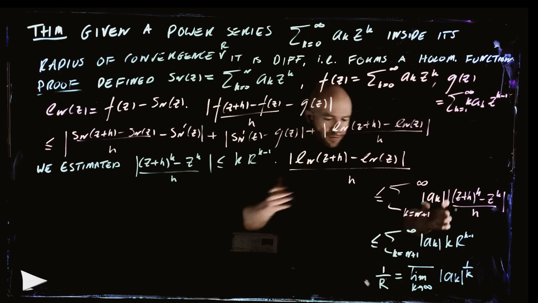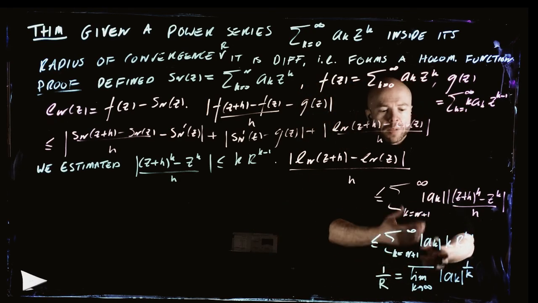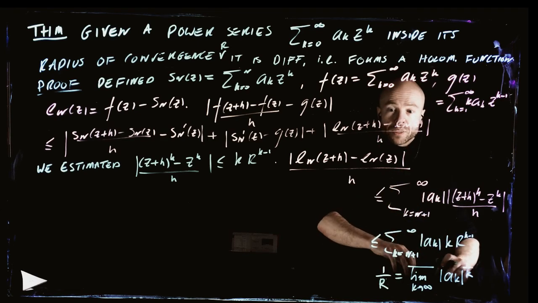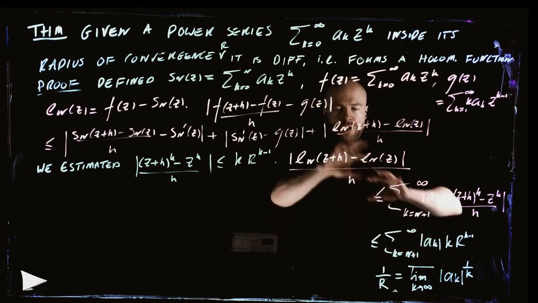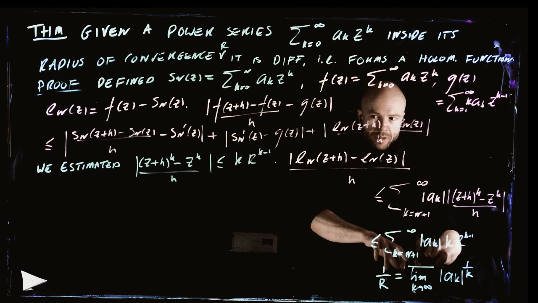And that was strong enough to mean that these terms right here will be bounded by a geometric series, and therefore they converge. So we are fine to show that this thing here gets as small as we like, so long as we pick n to be as large as we like.